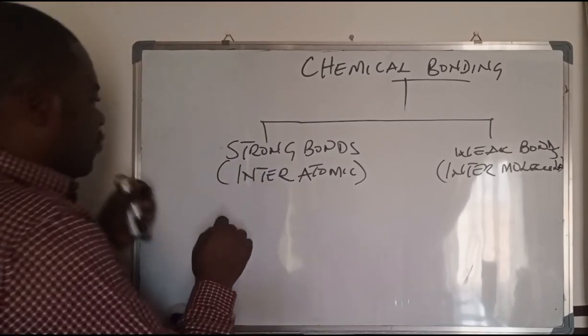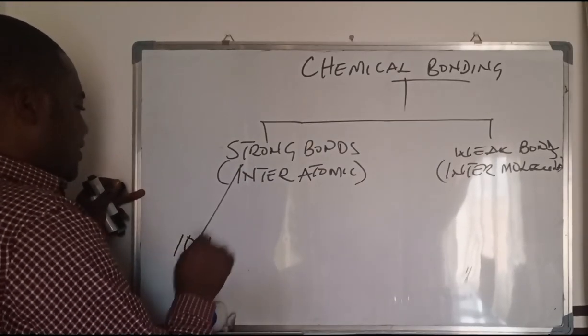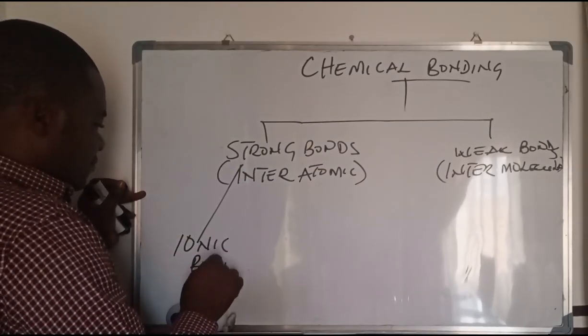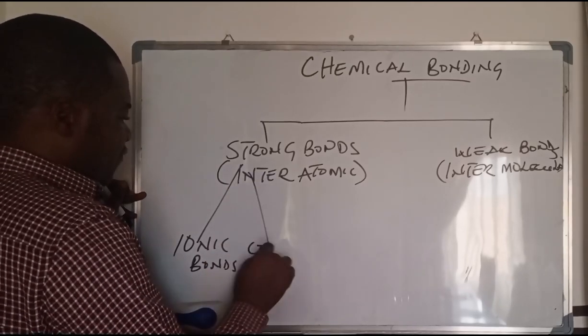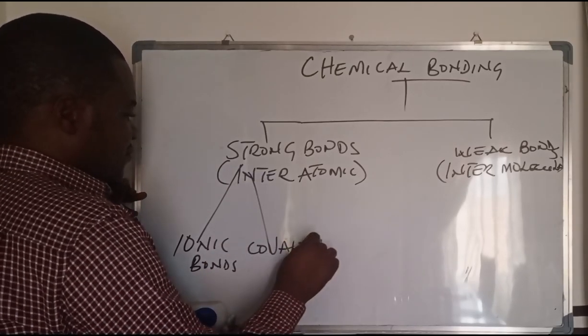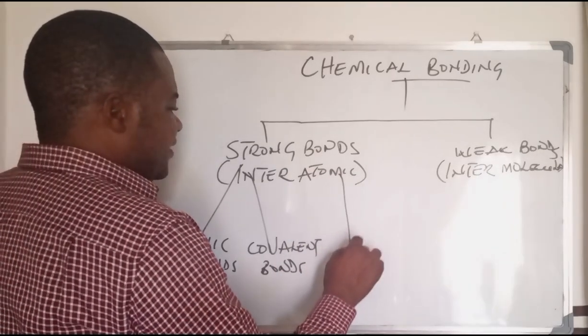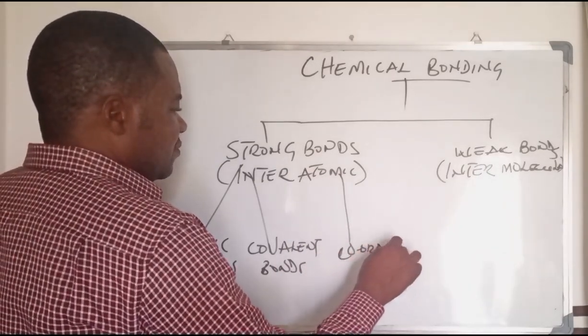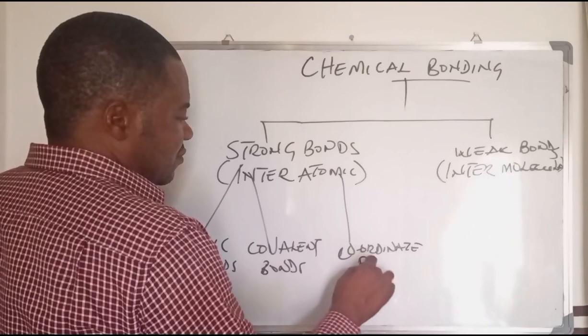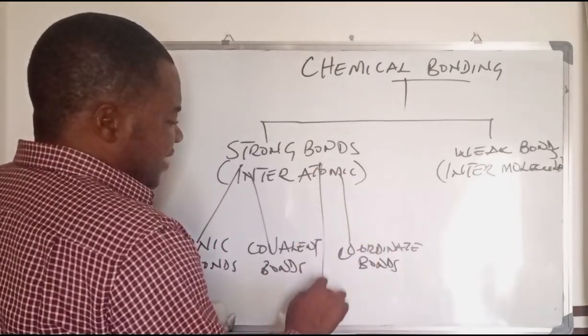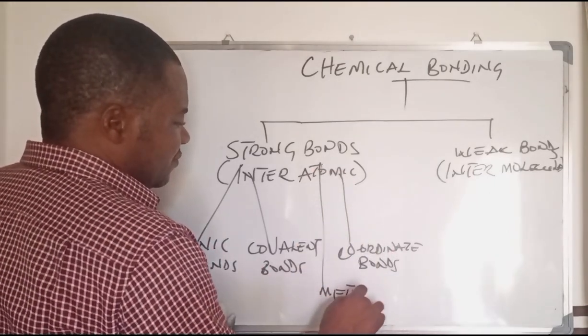For the strong bonds, we have the ionic bonds, the covalent bonds, the coordinate bonds, and the metallic bonds.